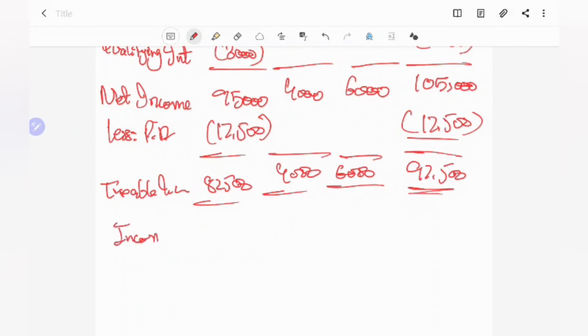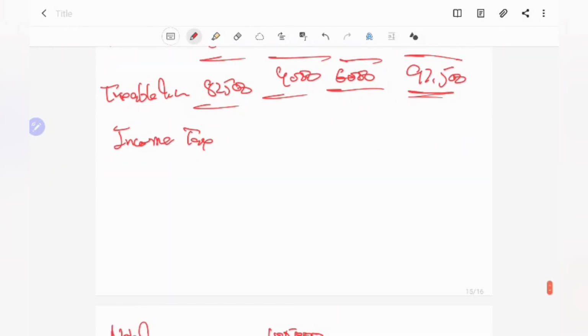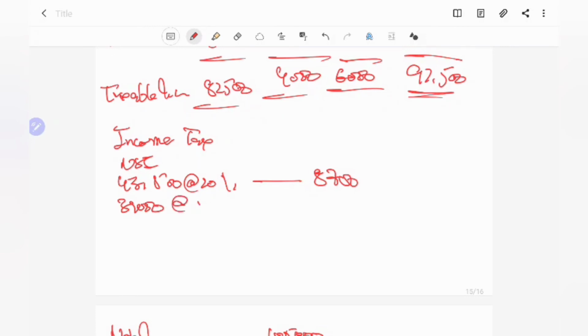Then we have to compute non-saving income. 43,500 multiplied by 20%, I'll get 8,700. 39,000 into 40%, I will get 15,600.